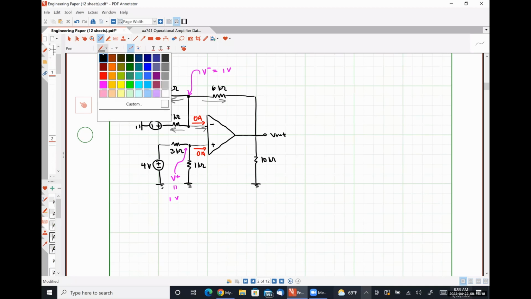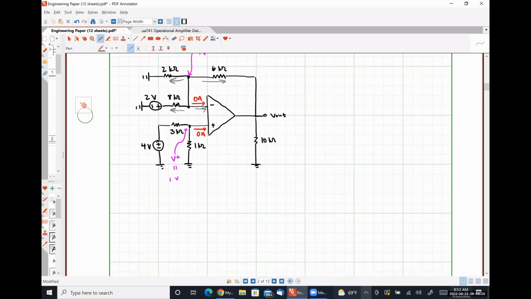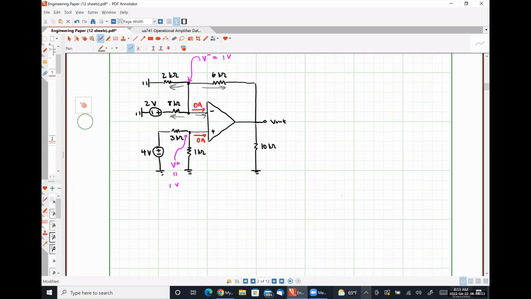So let's start with the current on the bottom left. What's the current flowing to the left through the 8 kilo ohm resistor? So 1 volt minus 2 volts over 8 kiloohms, right? We have 1 volt with respect to ground from V minus, 2 volts with respect to ground.